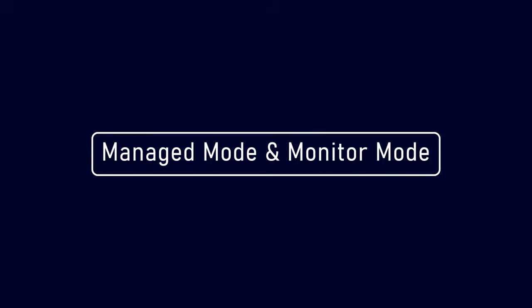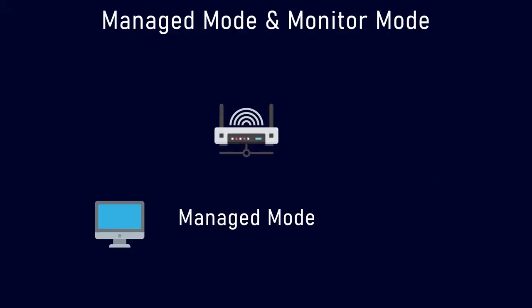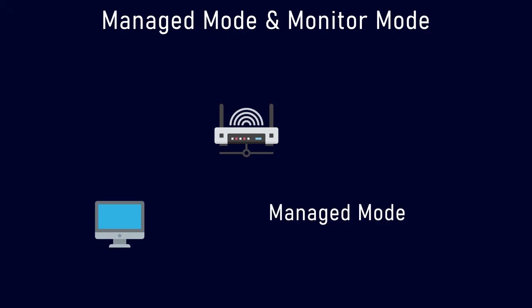In this video, we will discuss managed and monitor modes. A wireless network card can operate in two modes, managed and monitor mode. In managed mode, also known as normal mode, the wireless network adapter is used for standard tasks such as connecting to Wi-Fi networks, accessing the internet, and utilizing other network resources. Monitor mode, on the other hand, is entirely different.